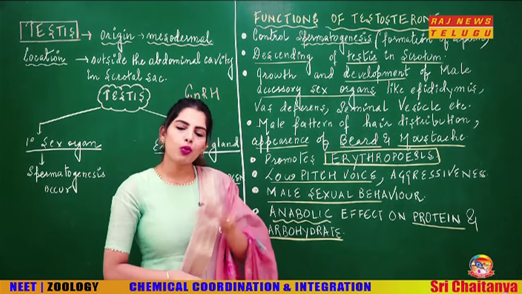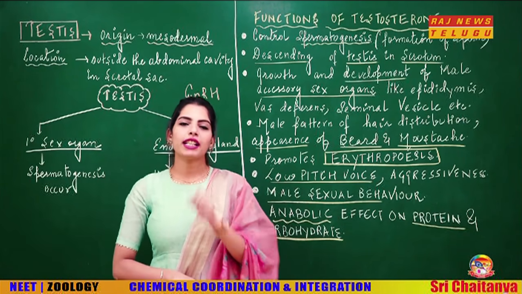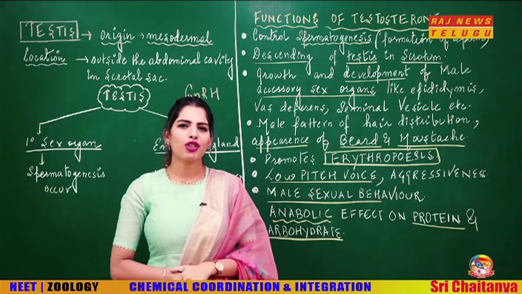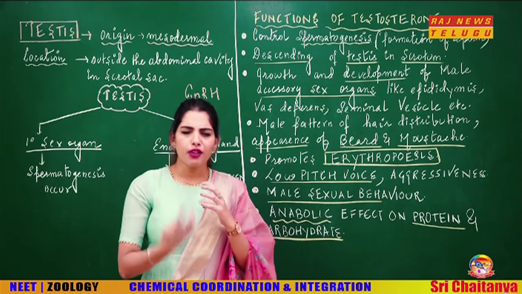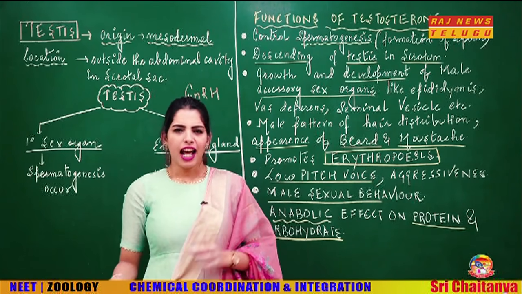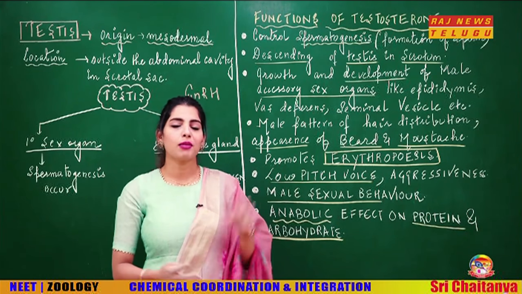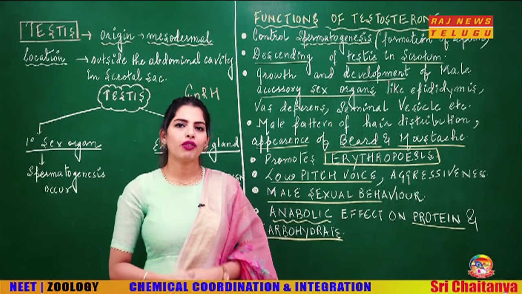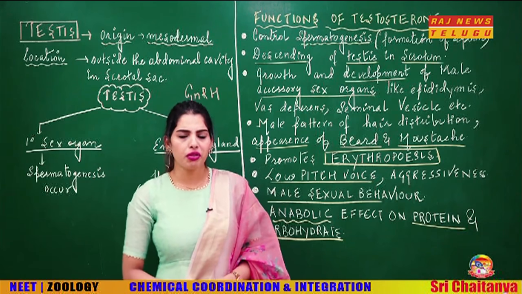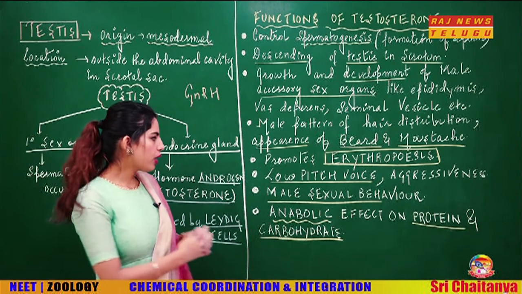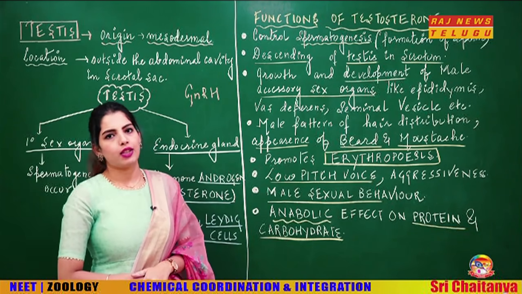The low pitch voice in the male is also because of the hormone testosterone. This you might have come across in the chapter breathing and respiration about the vocal cords difference in a male and a female. And that difference is responsible for the low pitch of voice that a male has under the influence of the testosterone. The aggressiveness is also controlled by the male hormone testosterone, and the male sexual behavior is controlled by the testosterone.